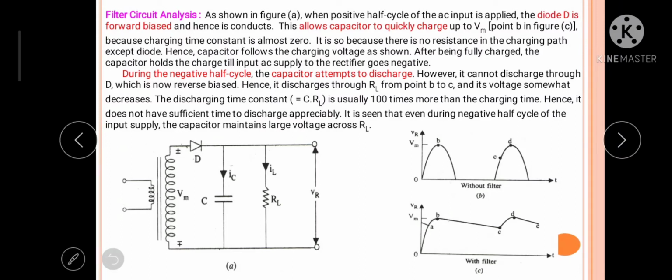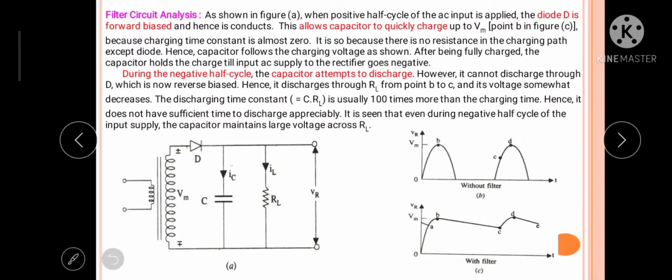As shown in the following figure A, when the positive half cycle of the input AC is applied, then diode D will conduct because it is in forward bias. This allows the capacitor to quickly charge up to the value Vm like this because the charging time constant is almost 0.